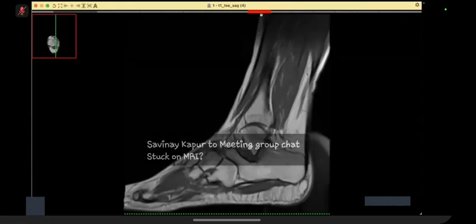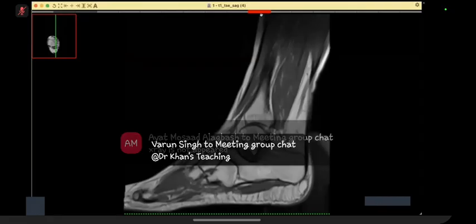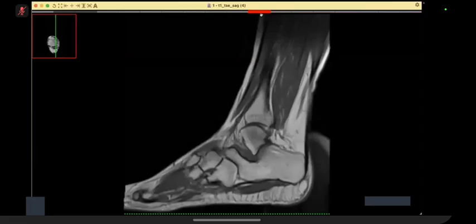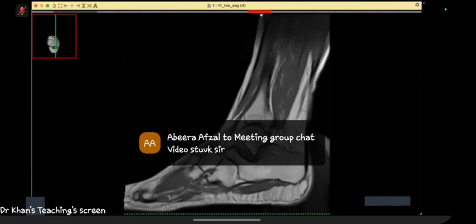So when they ask you what will you do, you should volunteer that I will advise imaging of the other joint. Many a time it is symptomatic or asymptomatic, so you have to advise imaging of the other joints. That's a VIVA scenario.